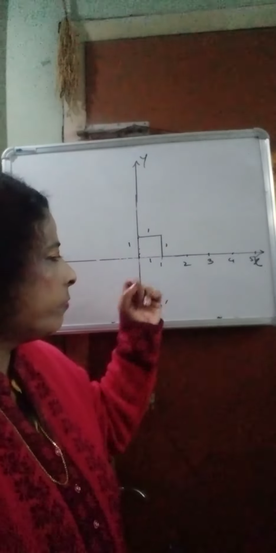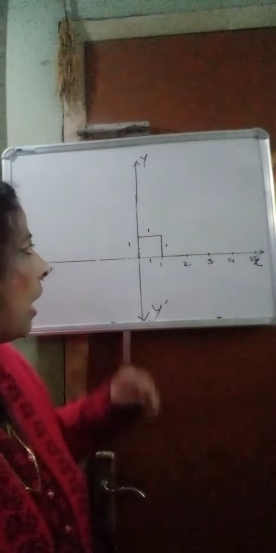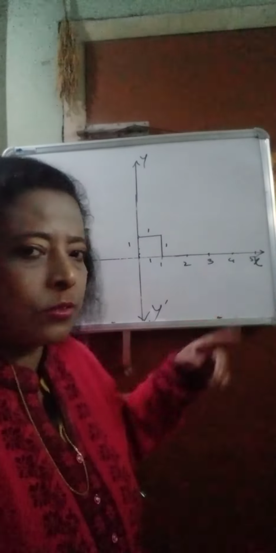Now I draw a right angle triangle in this square.